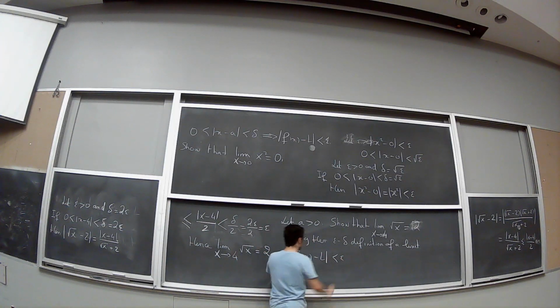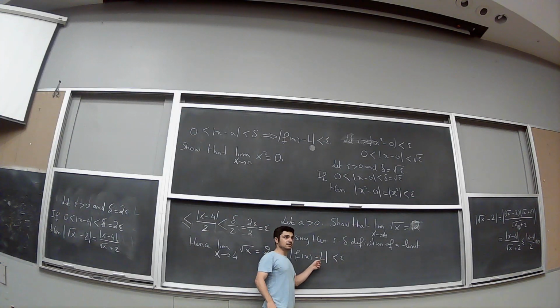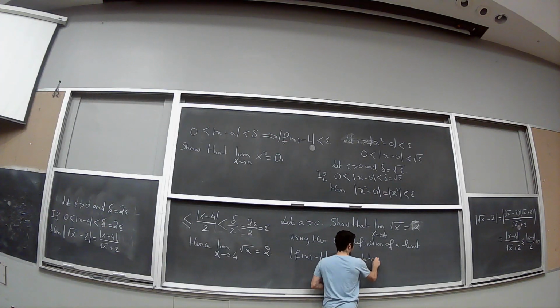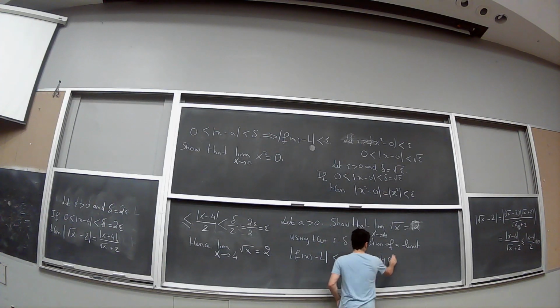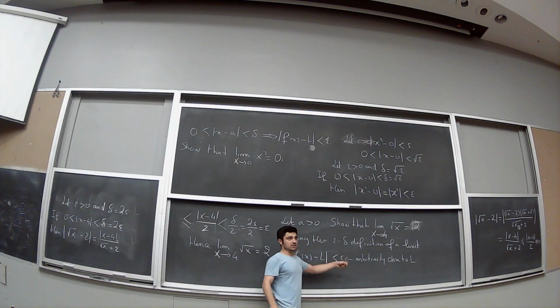So basically you say that you want f of x to be epsilon away from L, right? This is what it means, arbitrarily close to L. You can give me epsilon. So you say, I want epsilon to be 1 over 100.